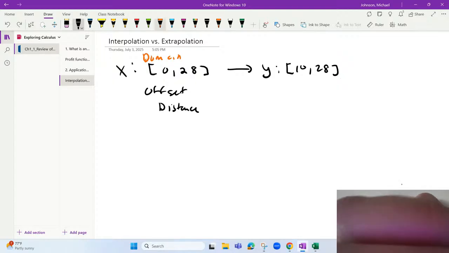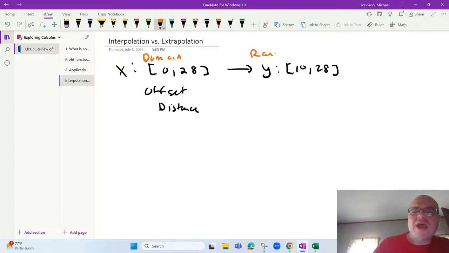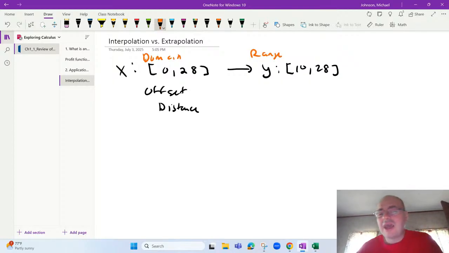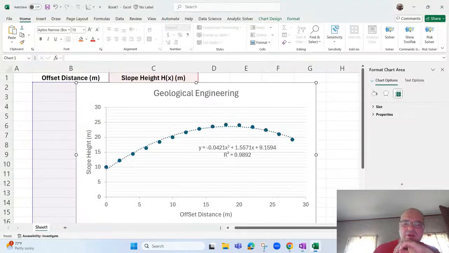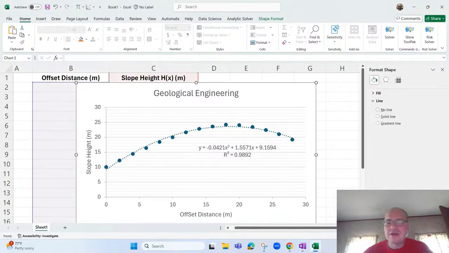My range for y is actually dependent on my domain for x. It just so happens the minimum value of x maps to the minimum value of y, but that's not true for the maximum value of x and the maximum value of y.